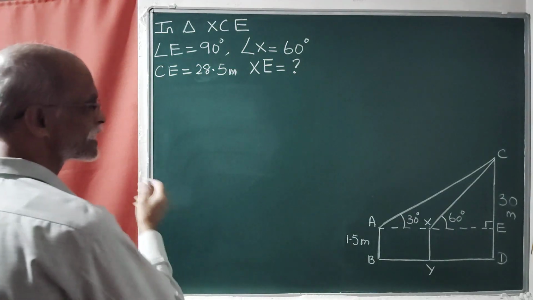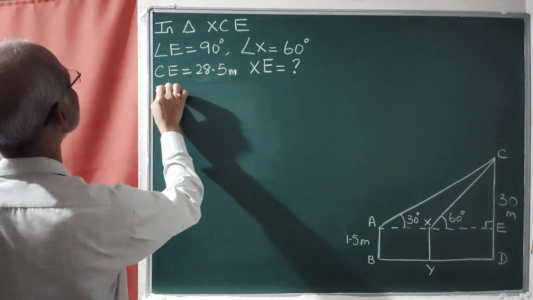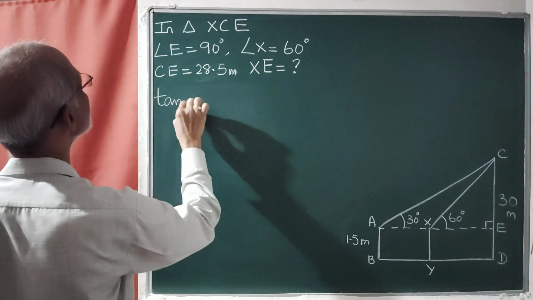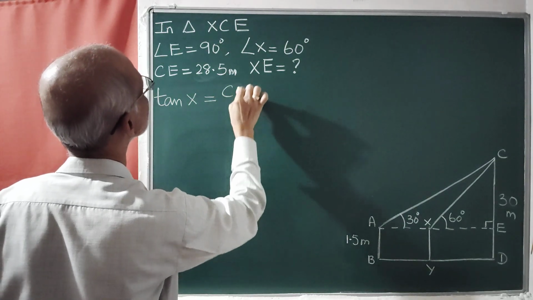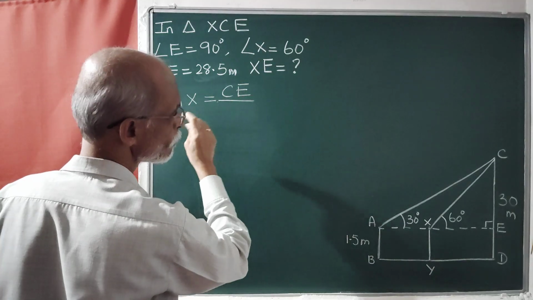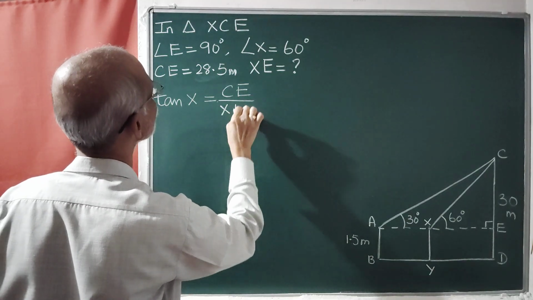So tan X is equal to CE by XC, opposite by adjacent.